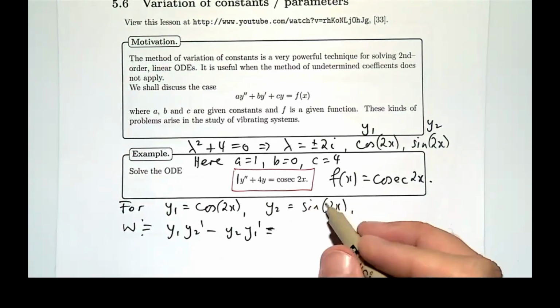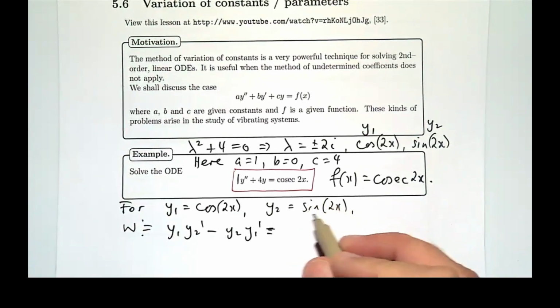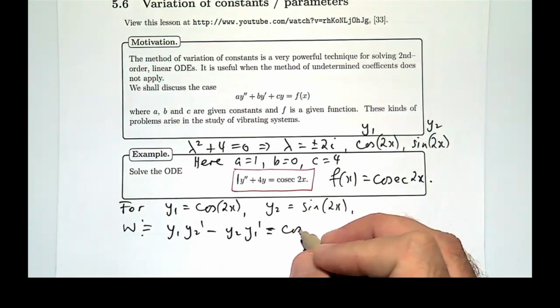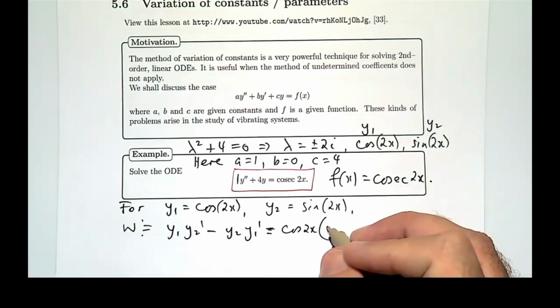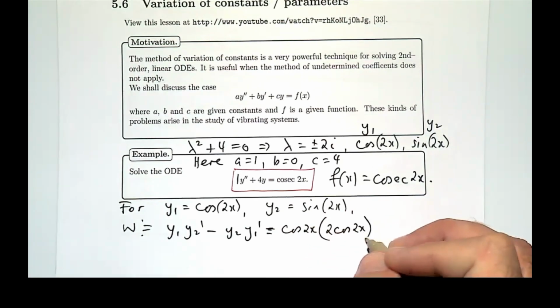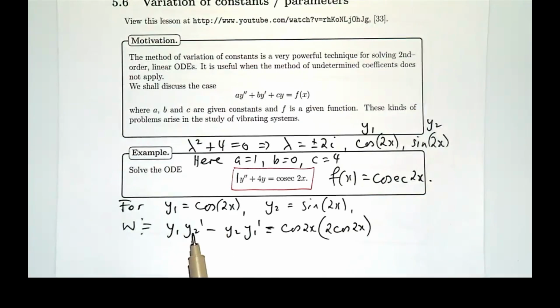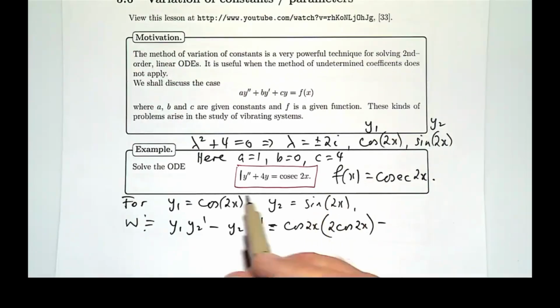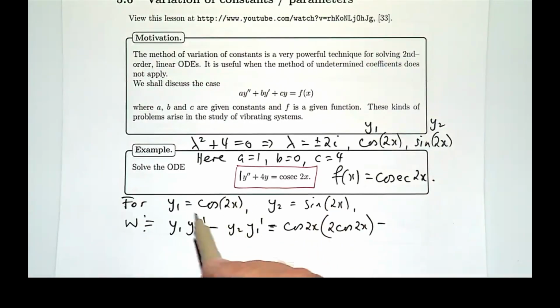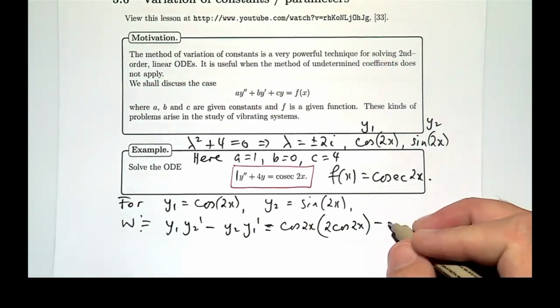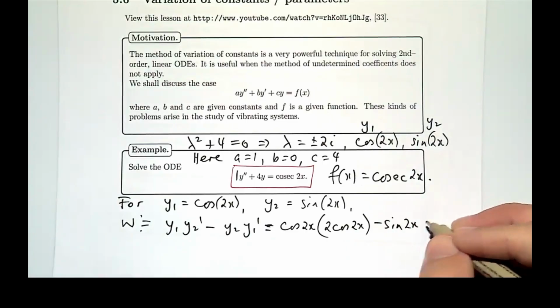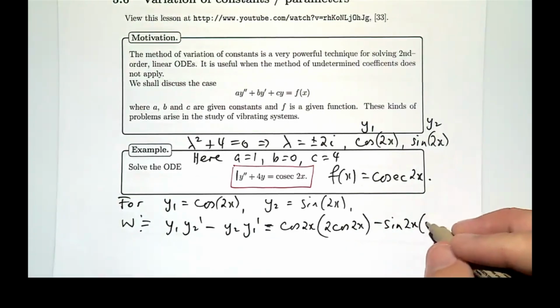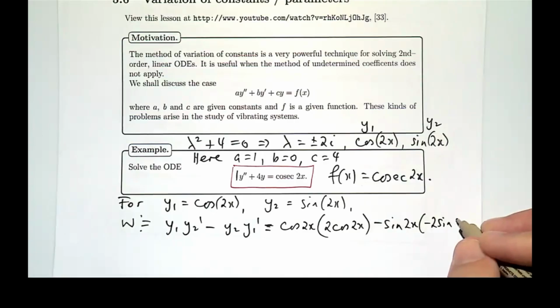All right, so that times that. So it's going to become 2 cos 2x times cos 2x. Yep, so that's the first part. And then minus that times the derivative of that. So that's going to go to negative 2 sine 2x.